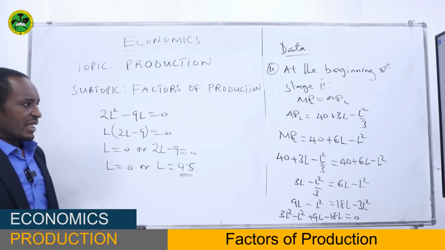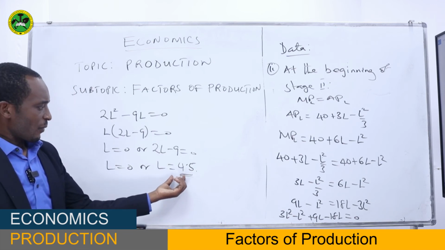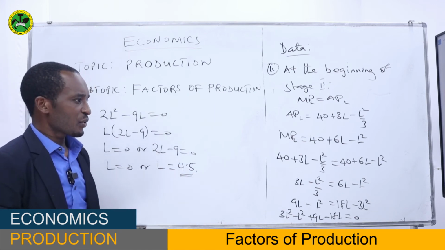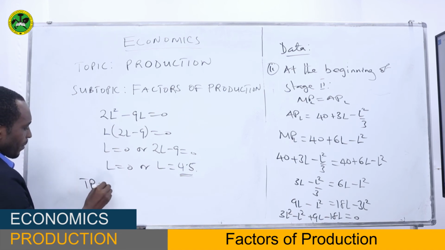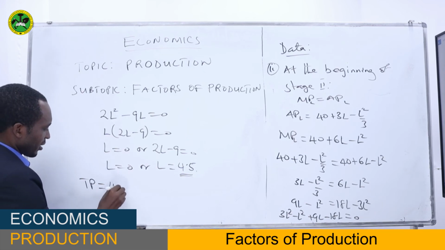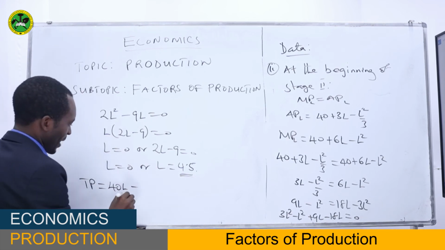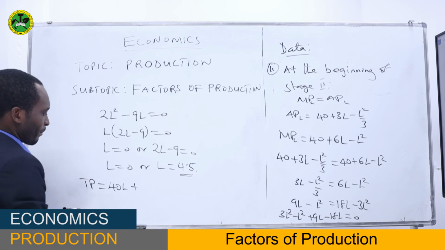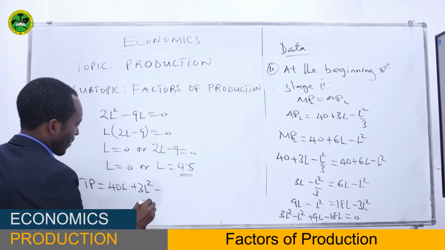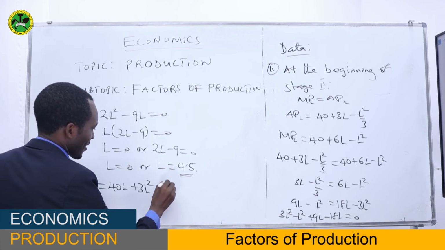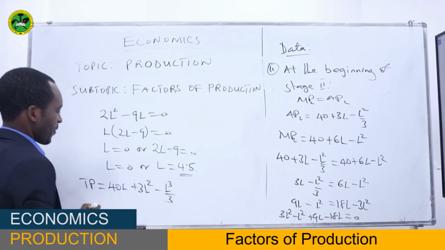Now, if the amount of labor is 4.5, you are asked to find the output. So you take the total product function, which is 4L plus 3L square minus L cube over 3.